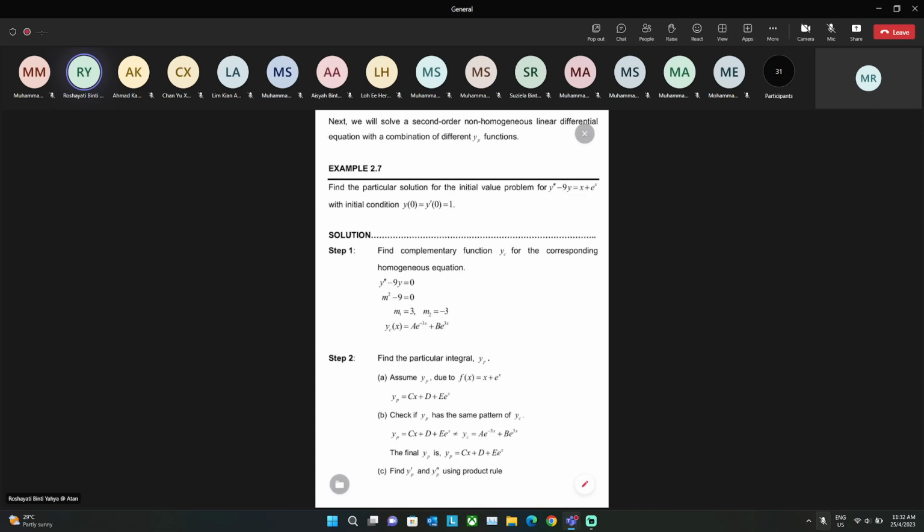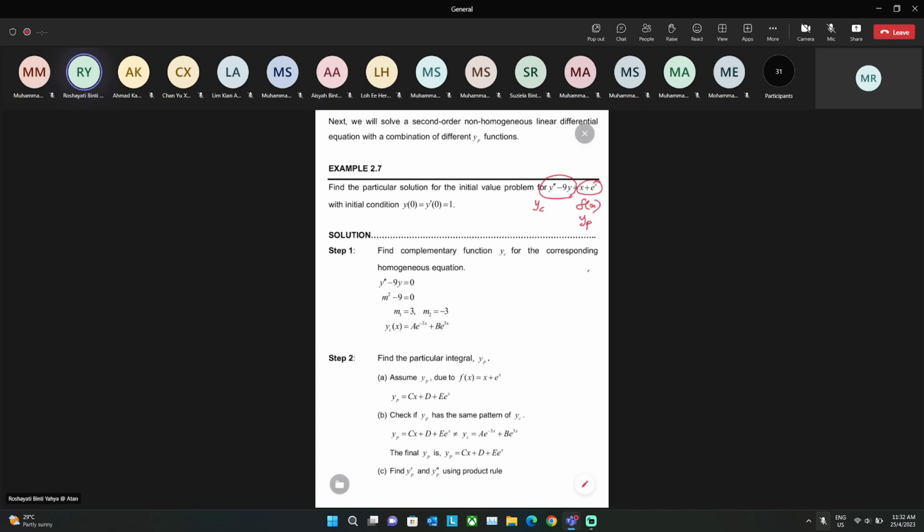What is your yp? For non-homogeneous, the first one you need to look at is yc, and then f(x) on your right hand side. You need to look for your yp.